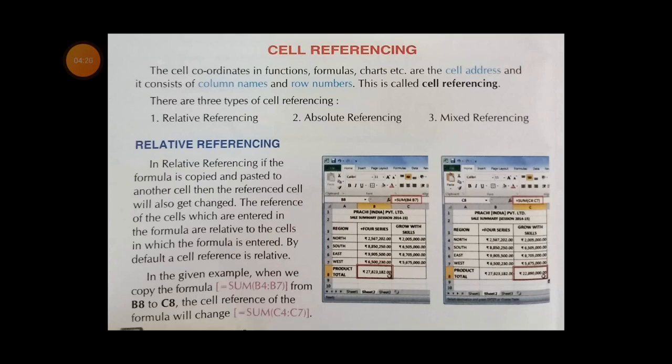Copying a formula from one cell to another cell, the changes will be there. For example, in the given example, what is the formula? Equal to SUM(B4:B7). We are giving the command to Excel to find the sum of the cells B4 to B7.